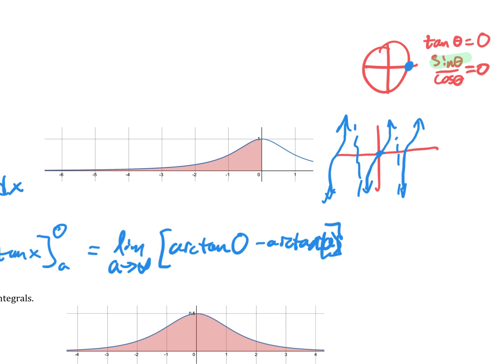But arctangent is defined from negative pi over 2 to pi over 2. So it is the limit as a goes to negative infinity. This, again, is 0, so this is going to be 0 minus arctan of a.